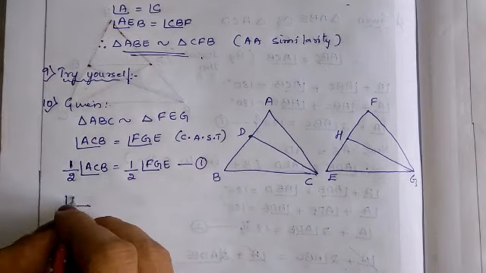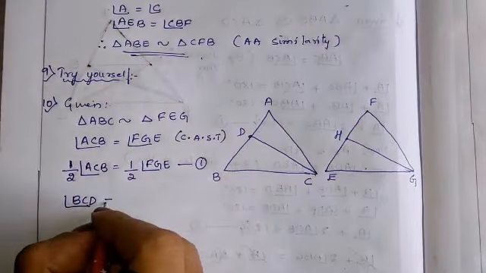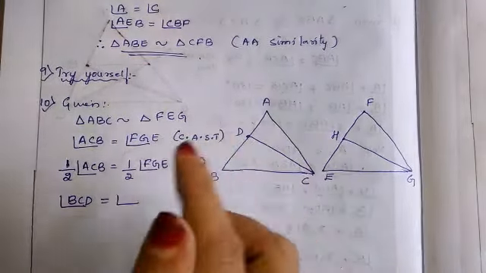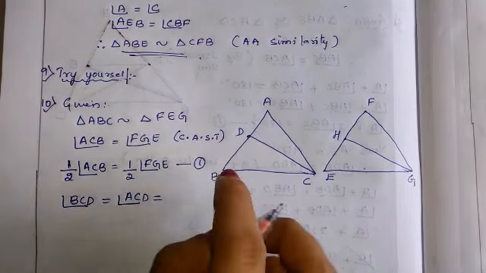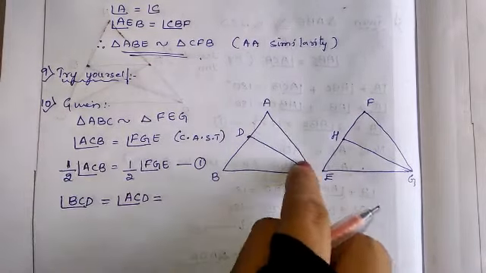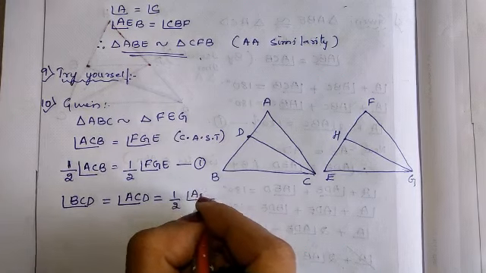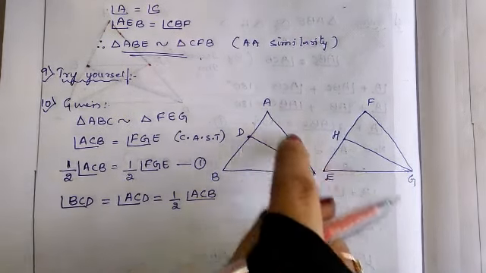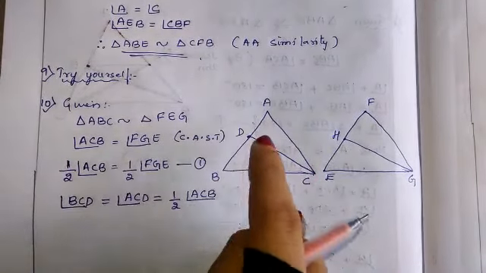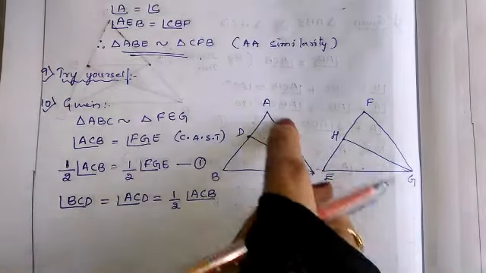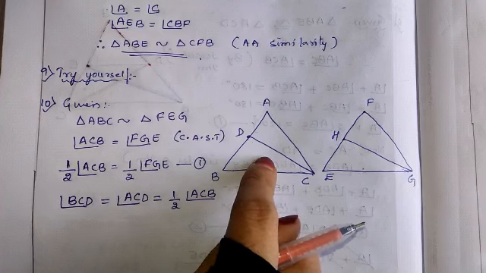We know that angle BCD is equal to angle ACD, because it is a bisected angle. They are equal to half of angle ACB. They both are exactly half of angle ACB, this angle complete, they both are half.